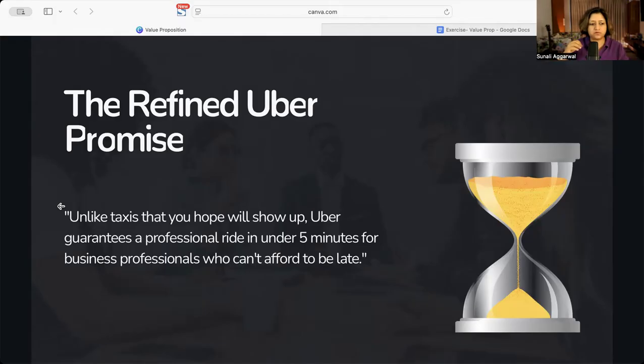There was no emotional connect over there. This value prop was much clearer. Unlike taxis that you hope will show up, Uber guarantees a professional ride in under 5 minutes for business professionals who can't afford to be late. So they targeted business professionals with a specific service which their competition was not giving.